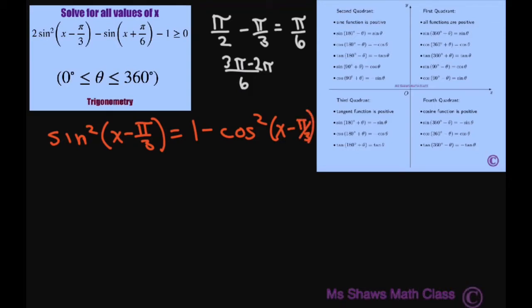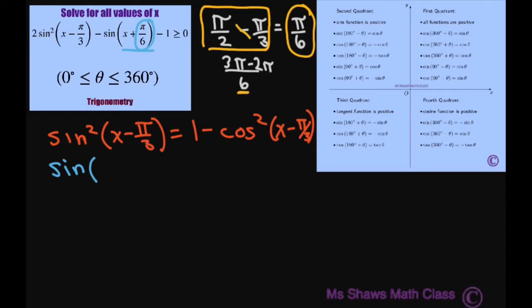And for this piece here, I'm going to note that the pi divided by 6 can be written as pi divided by 2 minus pi divided by 3. Because if you get your common denominator and cross multiply, you'll get pi divided by 6.